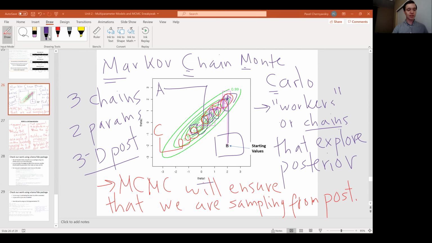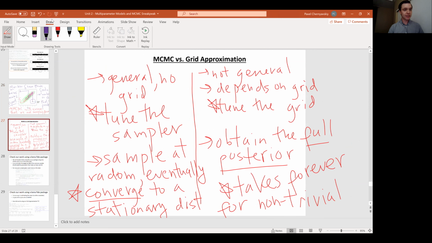To start to get at the convergence, the first thing we do is use the trace plot. You guys have seen the trace plot. In a trace plot, you usually overlay the different chains together, and what you're looking for is called good mixing.